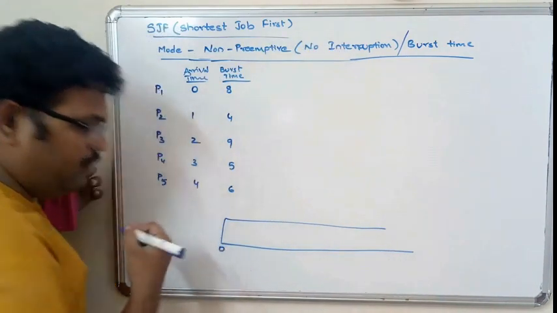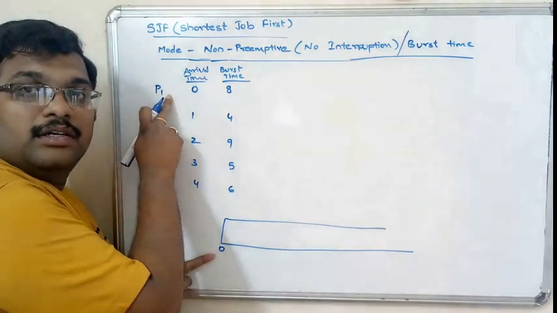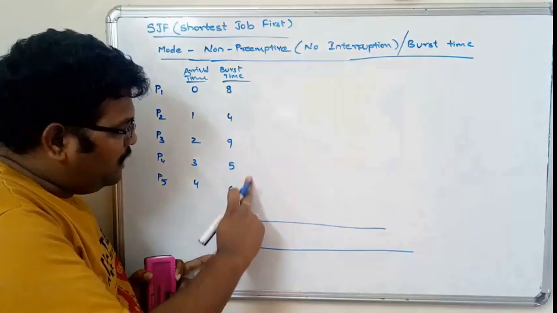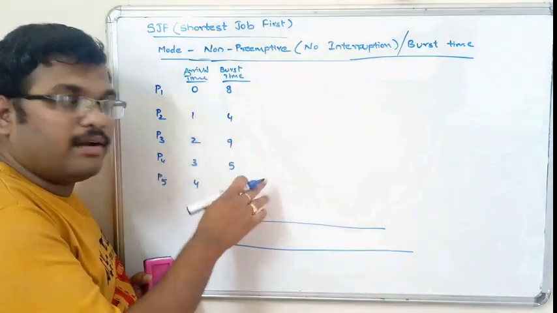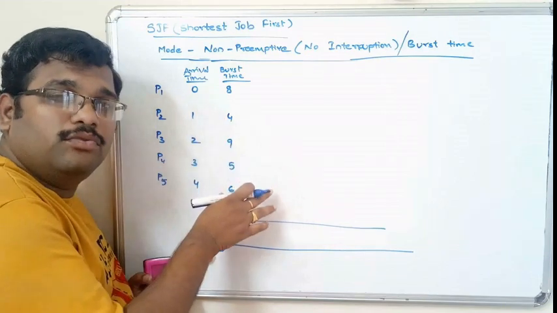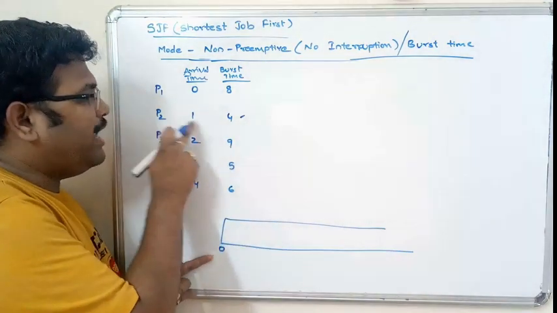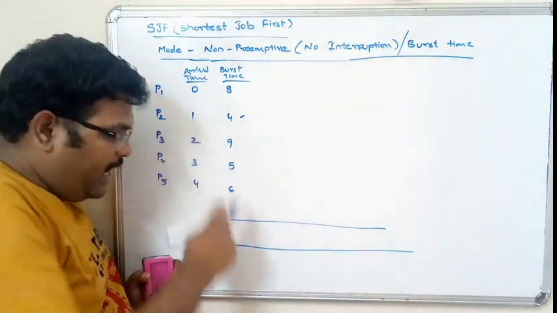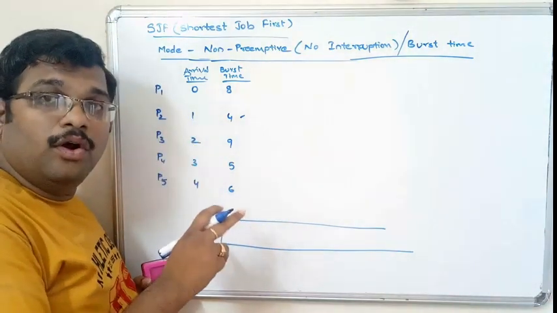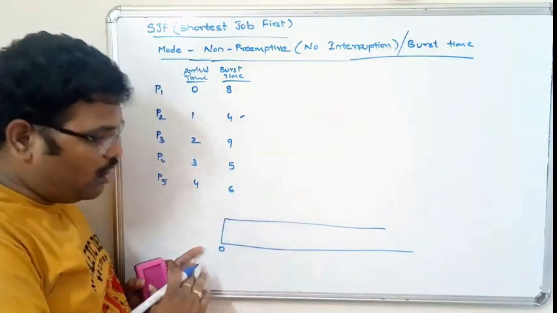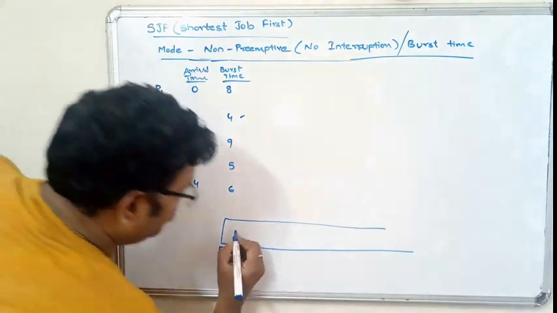It always starts from 0. At time 0, P1 arrived. Among all these 5 processes, the process having the lowest time to execute is P2, but P2 arrives at 1 millisecond. At 0, P1 arrived, so in the ready queue only one process is available, and automatically that process will be allocated to the CPU.